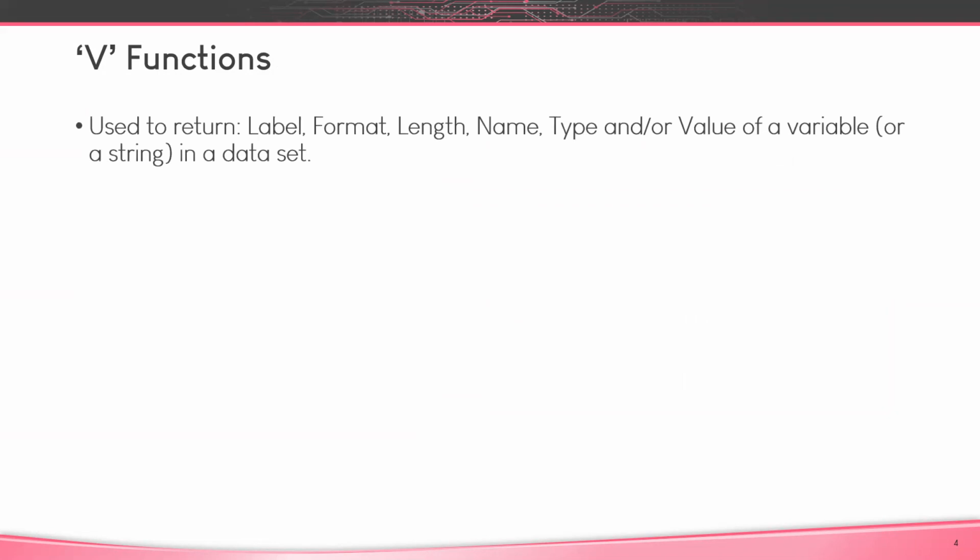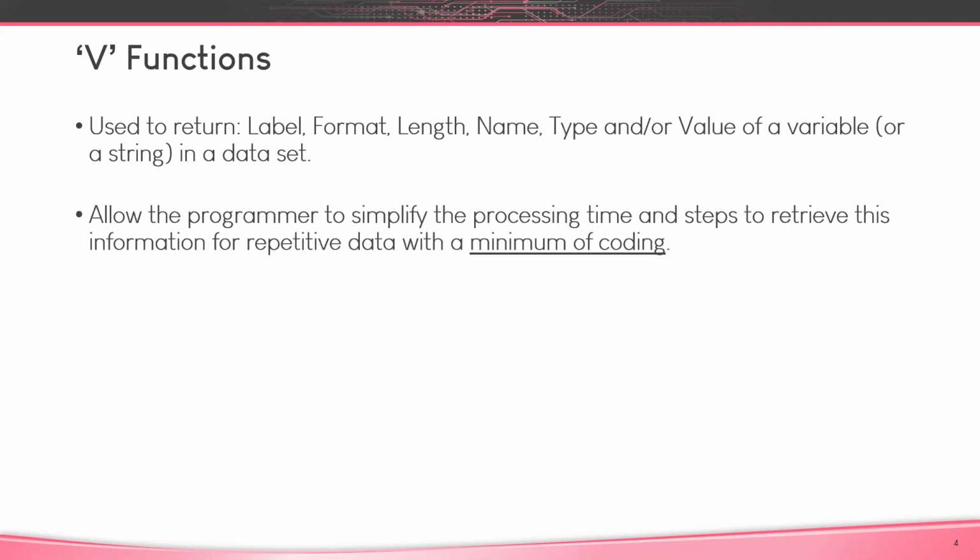With the V functions, they utilize the same metadata that is used for the dictionary tables. You can use them to retrieve the variable attributes such as the label, format, and length. You can also determine whether it's an array. You can simplify the coding and retrieval of the necessary variable information, especially for repetitive tasks. If you're doing something repetitive, this is going to be beneficial in speeding up the time and processing steps.